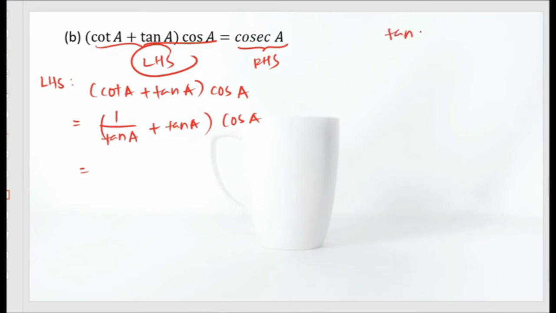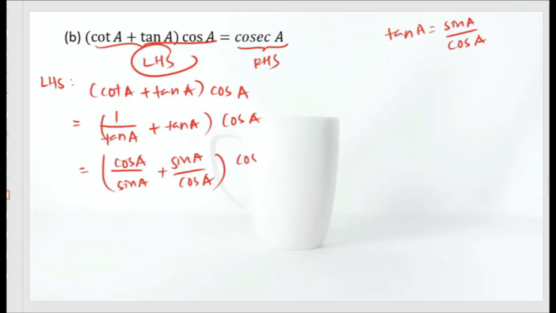Straightforward, remember this one. Tangent equal to sine over cos. This one you need to know, because it's not in square form, but you need to change into the sine and cos. So, okay, 1 over tangent is the reciprocal, so it's cos A over sine A, plus sine A over cos A.